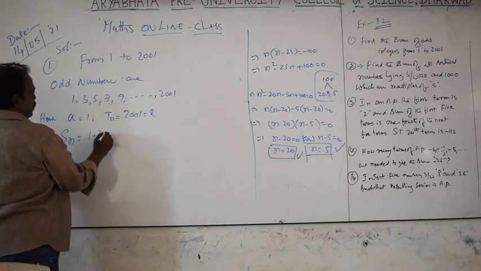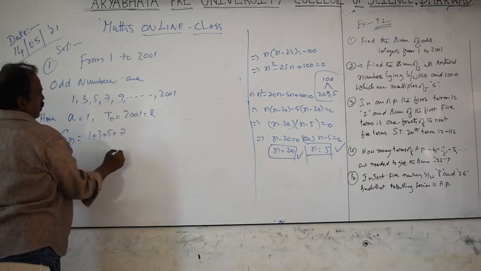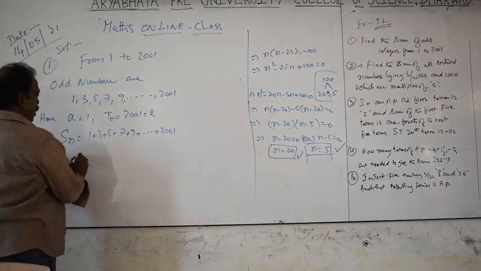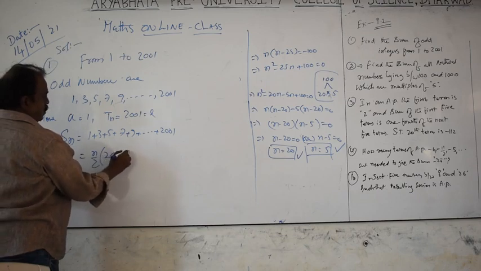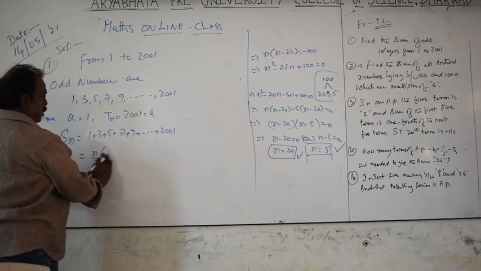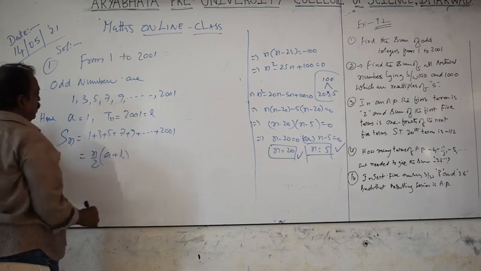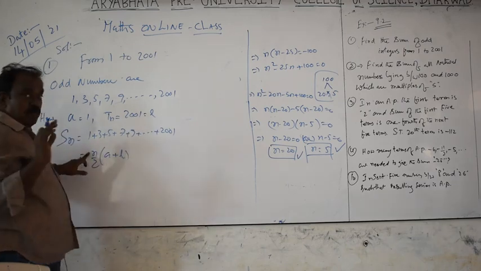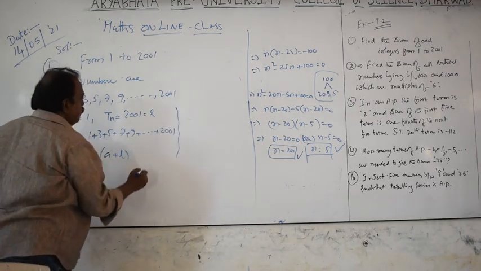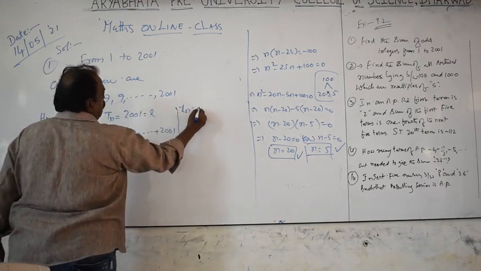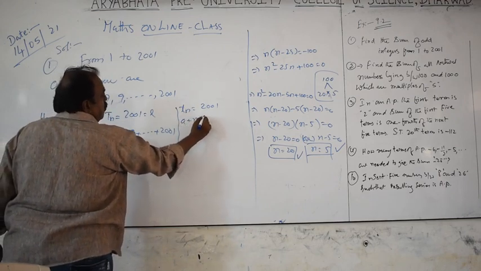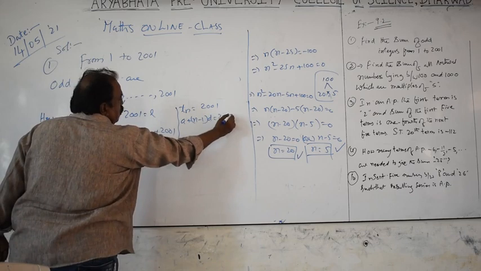Sn is 1 plus 3 plus 5 plus 7 plus 9 plus up to 2001. We need n by 2 of 2a plus n minus 1 d, or n by 2 of a plus l. Here l is there, a is also there. a is 1, l is 2001. But what about n? So here it is needed. Tn is equal to 2001. What is Tn? a plus n minus 1 into d is equal to 2001.